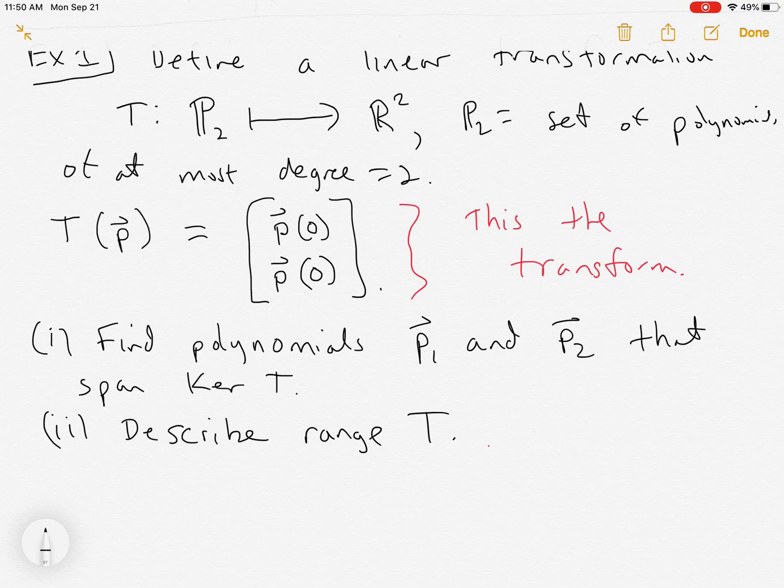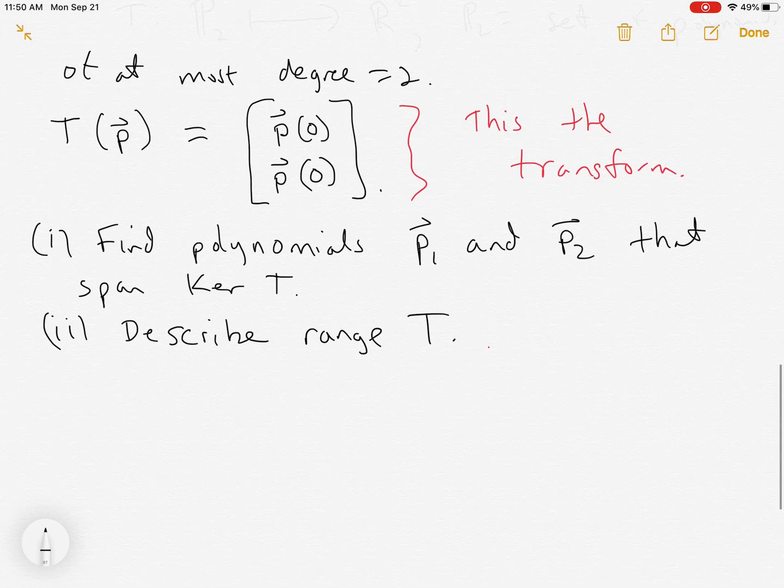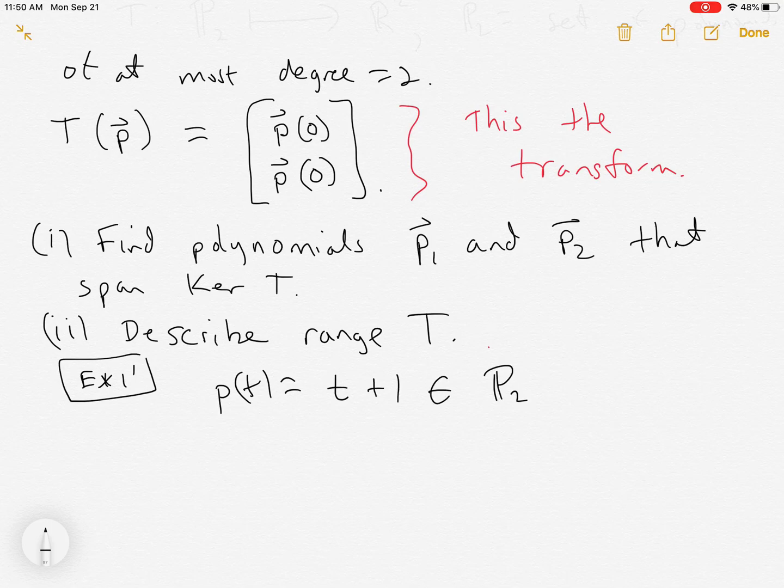All right, so let's just take a little sidebar here for a second. So example within the example. We'll call it example 1 dash. Okay. Note that the polynomial P of T equaling T plus 1 is in P2, right?